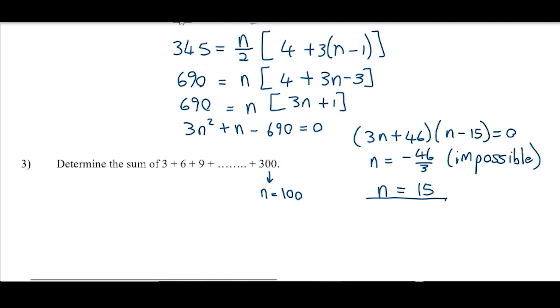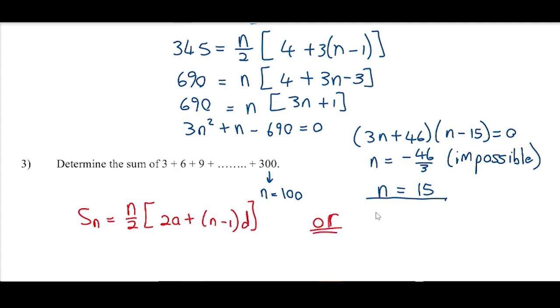Remember the standard formula, the one that I get given, n over 2, 2 lots of A plus n minus 1 lots of D. I could use that one, or on this occasion, because I know the first term and the last term, and I know how many there are, I could use this one, n over 2, A plus Tn.